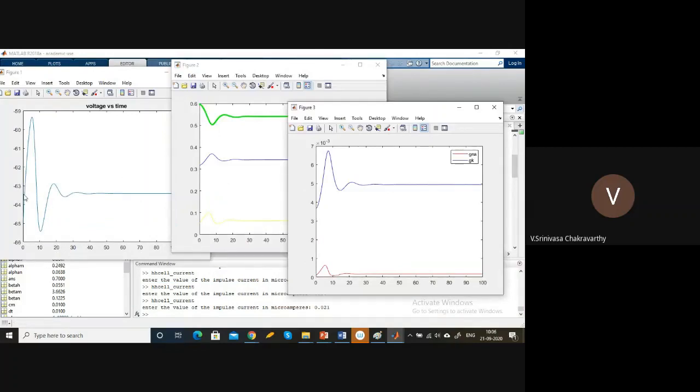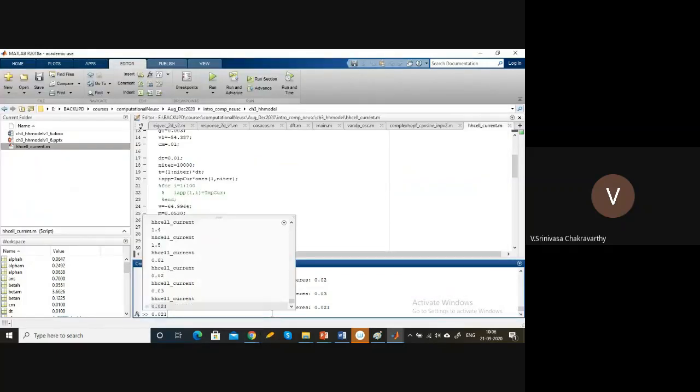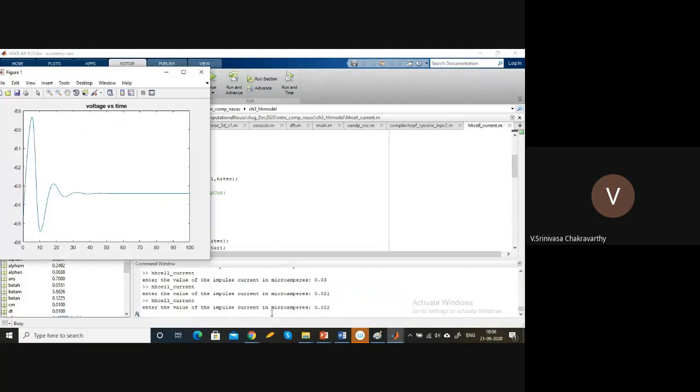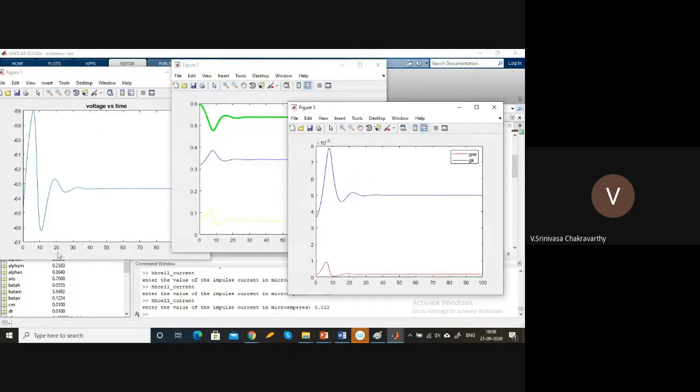At 0.021 it's not an action potential. It went from minus 65 to minus 59.5. Then let us slowly increase the current in the third decimal. Let's try 0.022. Nothing much. It increased a little bit, but still it's not an action potential. It didn't go to positive values.